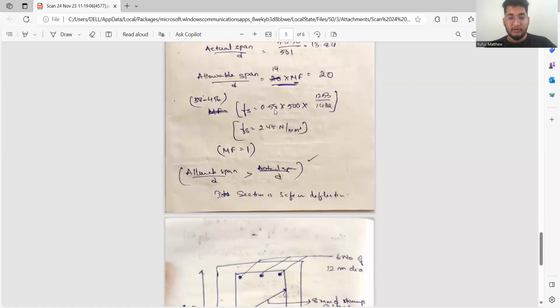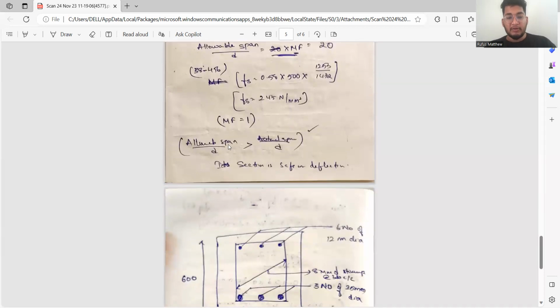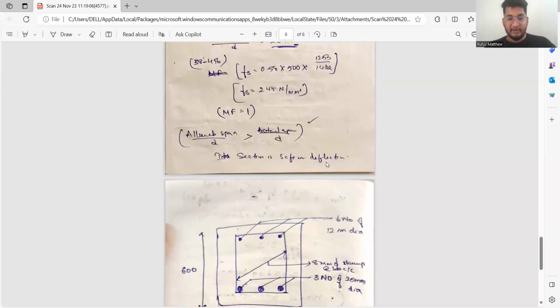So then fs equal to 0.58 into 500 into 153 by 1472. Then we'll get the fs value, which is 245 Newton per mm square. mf equal to 1. Allowable span is greater than actual span. So the section is safe without deflection. Sorry, safe in deflection.